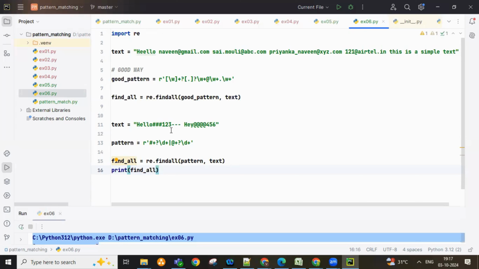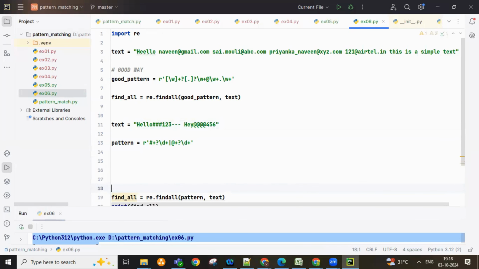Any confusion? I think you're enjoying, right? The simplest thing is that first you should find the common thing. I think I'll give you an easier way. You never get this pattern anywhere, right? Let me try. For the first one, what is the pattern? It's very simple, right?